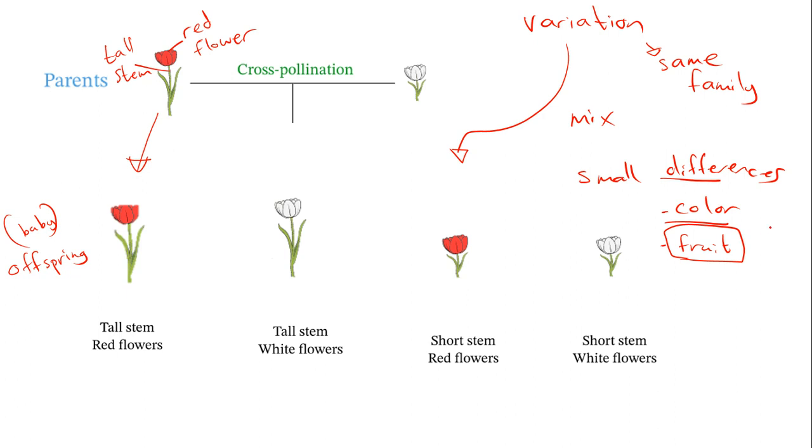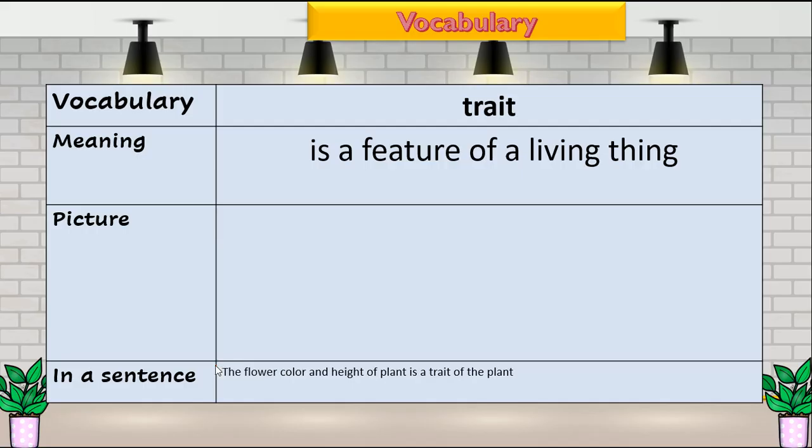So sometimes the color in the fruit has little differences, but most of their shapes, the flower shape, the leaf shapes, the way they grow is the same. Okay, so with these plants, I have shown you the example of what a trait is, the feature of a living thing like a flower. We've discussed inherited traits, that they come from parents.